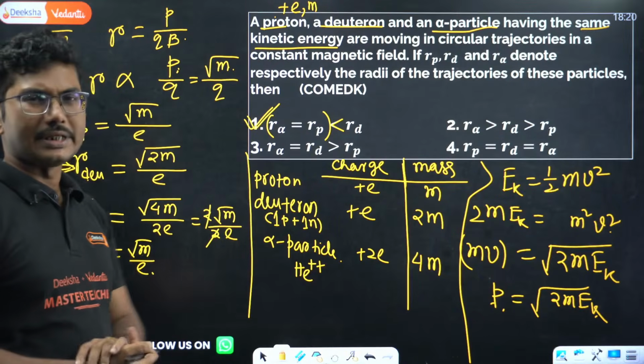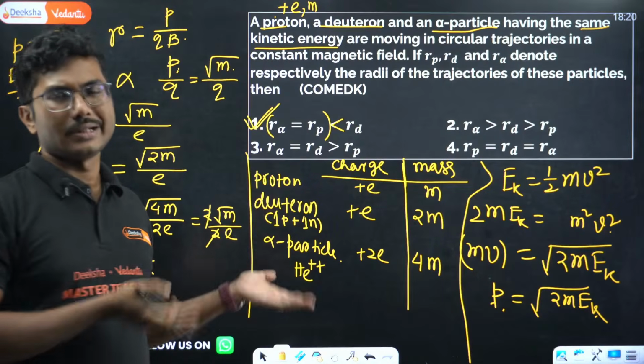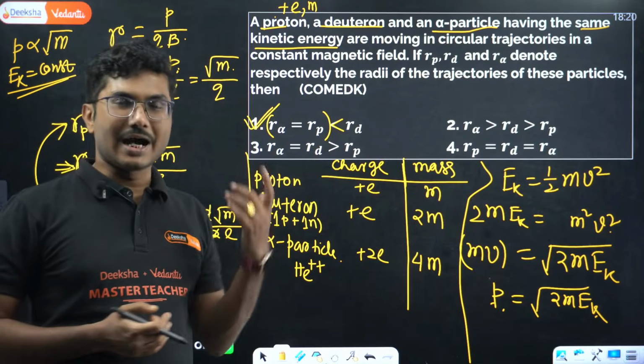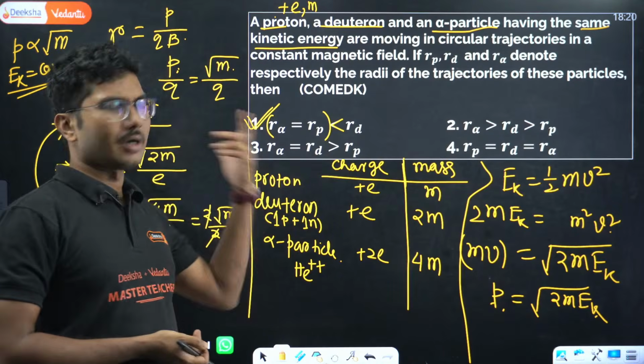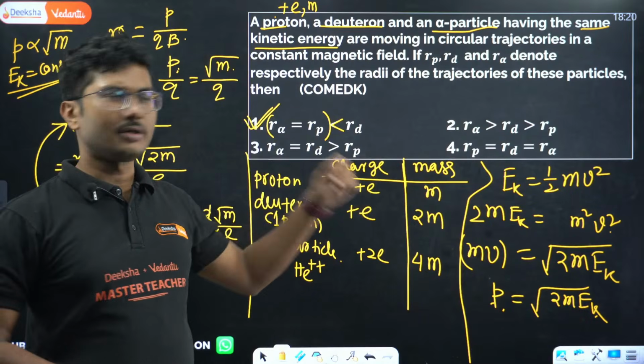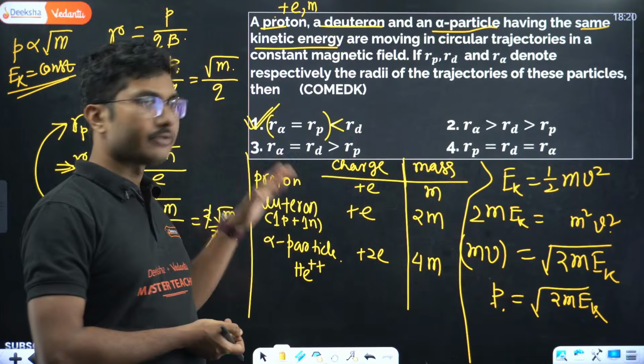Beta particle we will see in future. Beta particle is nothing but an electron. So those things you need to understand: charge, mass. Mass of a beta particle or electron is very small, so you can ignore it.